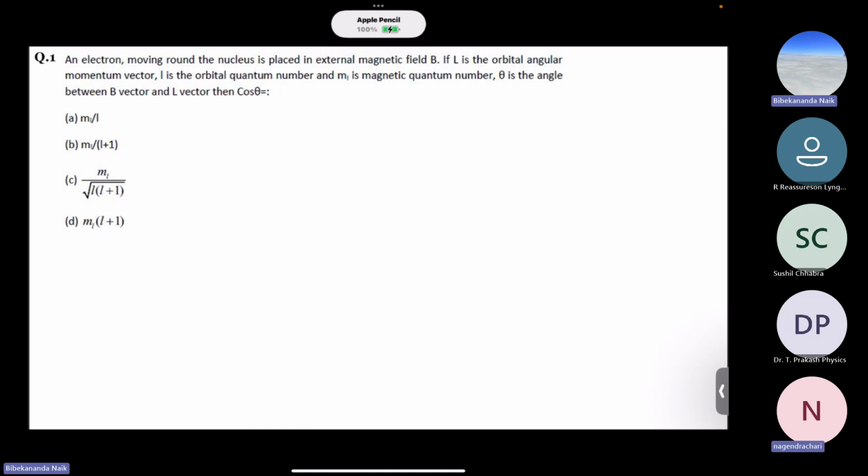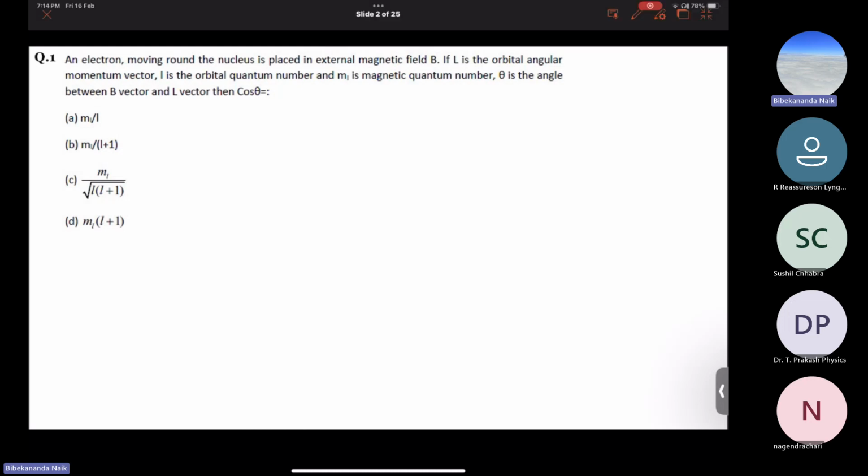It's option C. Yes, exactly. Option C is the correct option, because in the last class we talked about the orbital magnetic moment due to the orbital motion of the electron.